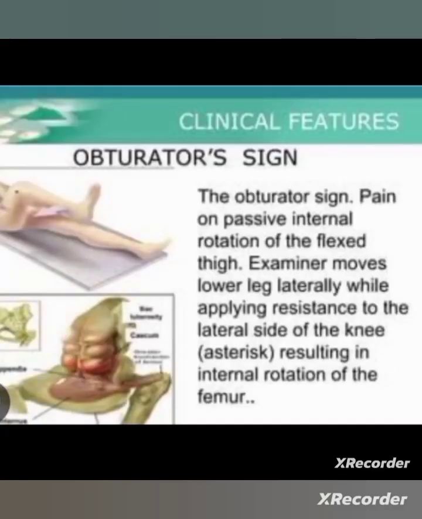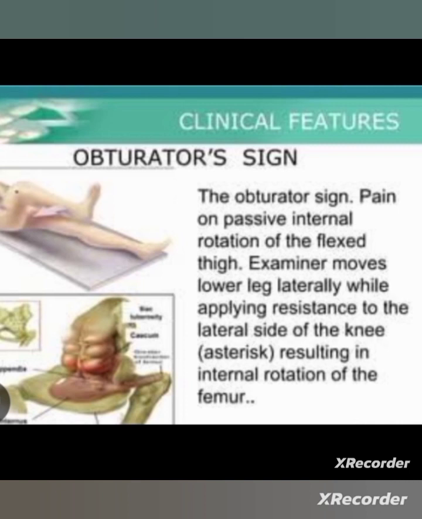Next sign is the obturator sign. In the obturator sign, there is pain on passive internal rotation of the flexed thigh. The examiner moves the lower leg laterally while applying resistance to the lateral side of the knee, resulting in internal rotation of the femur.